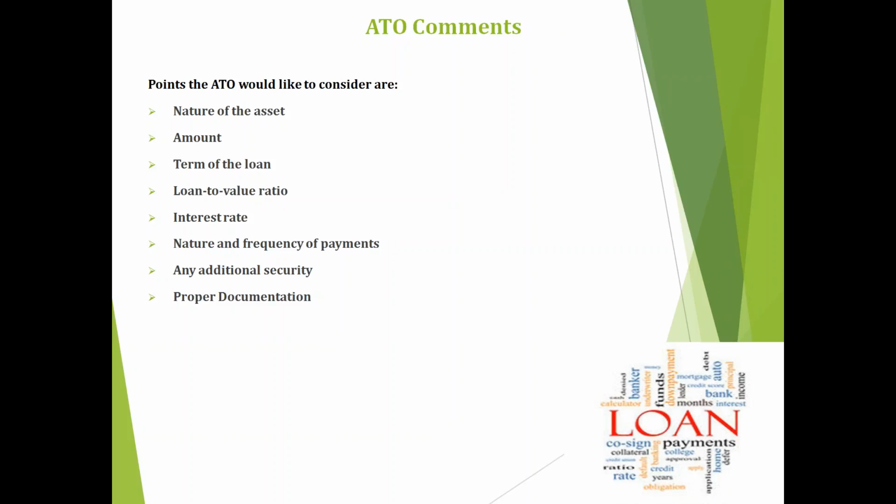In order to ensure that NALI does not arise, the onus is upon the fund trustee to ensure that proper documentation is kept to be able to demonstrate that the terms of the loan are consistent with what an arm's length transaction would entail.